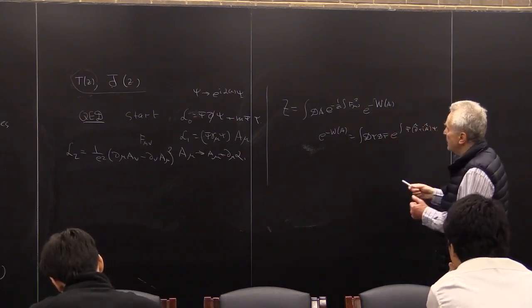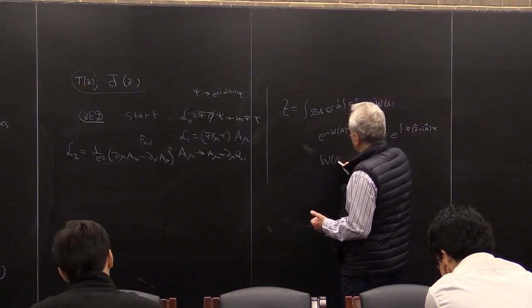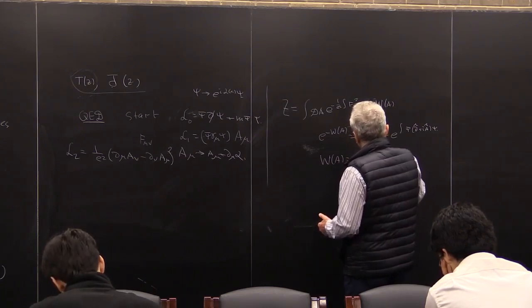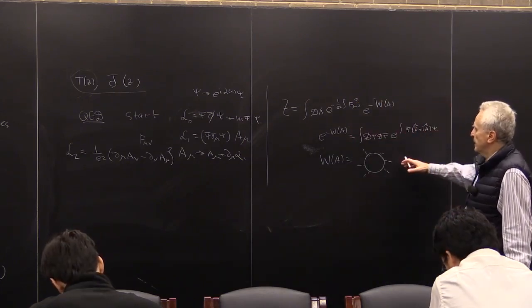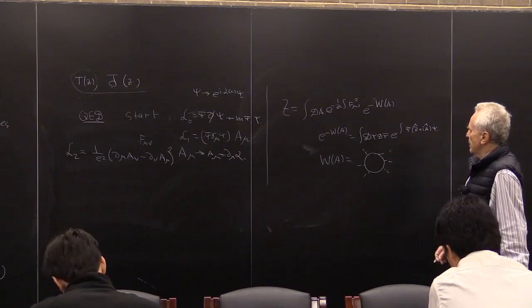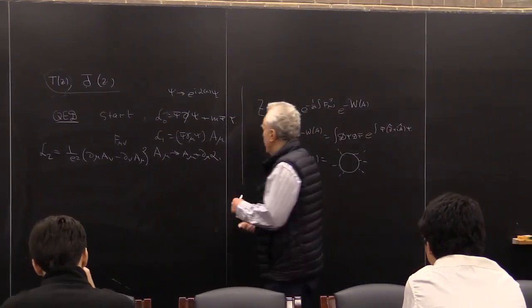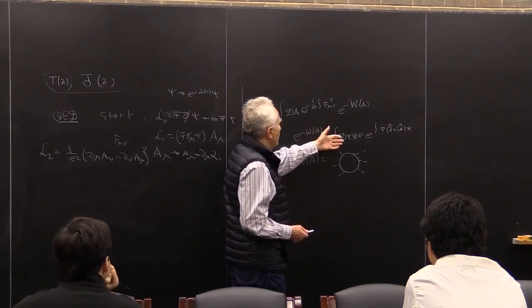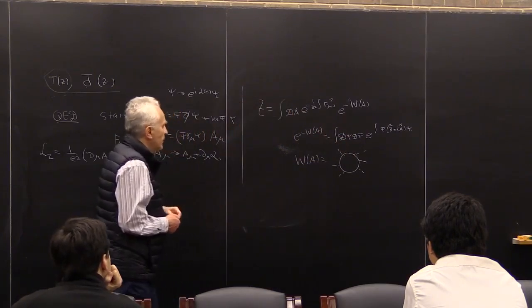So diagrammatically, W of A is just the fermionic loop in the external field. And so the strategy for adding gauge fields is you first find the effective action for these gauge fields, which is non-local, by integrating out fermions.